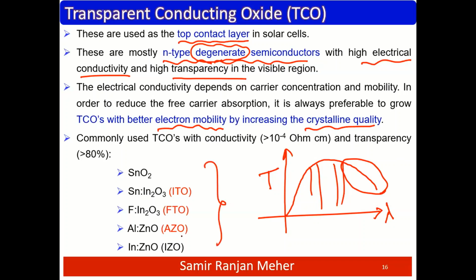So these are the few examples: tin doped indium oxide, fluorine doped indium oxide, aluminum doped zinc oxide, or indium doped zinc oxide. And out of these, AZO is more cost effective because of the huge increase in the price of indium. So the AZO contact layer is much more popular than the rest of the TCOs.